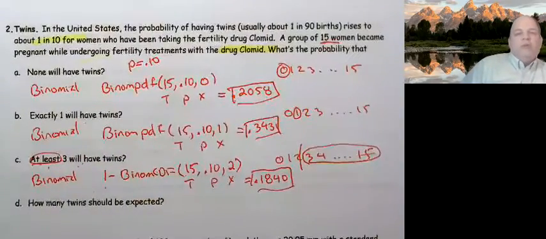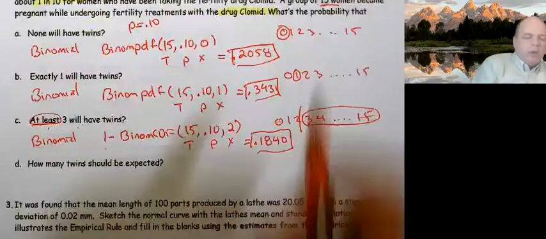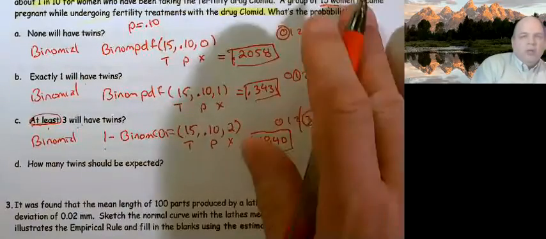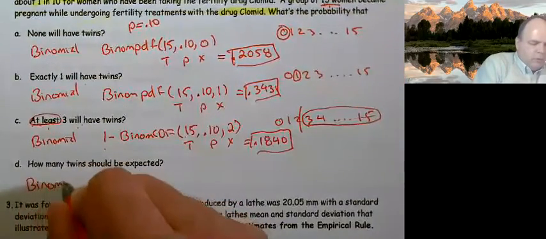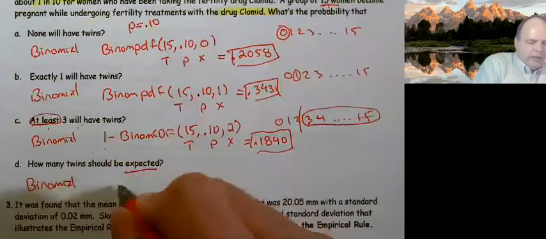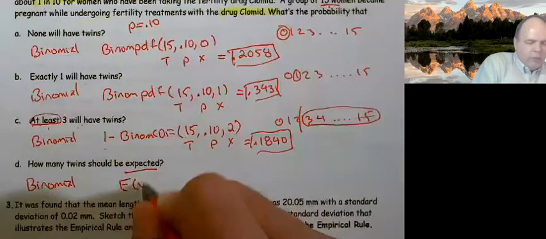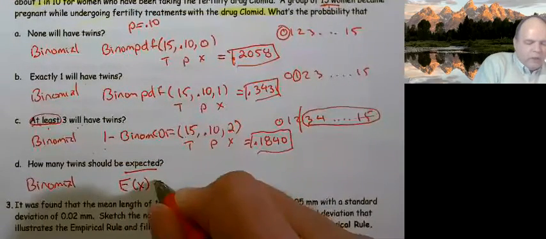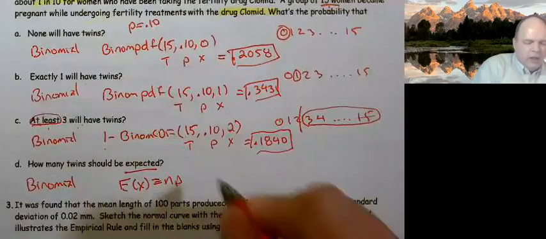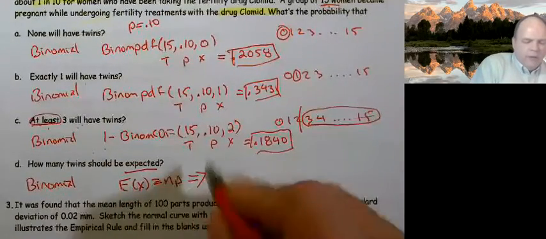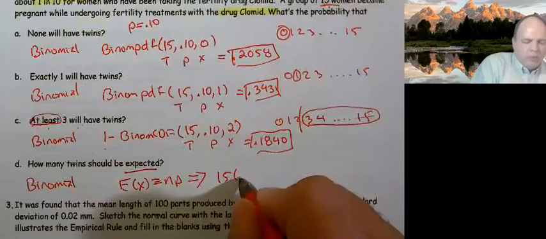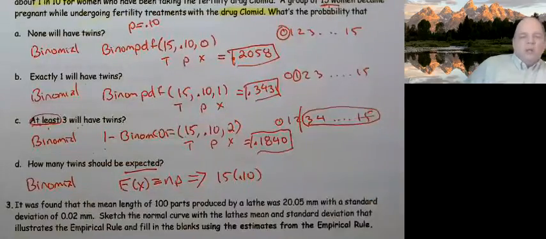How many twins should be expected? Well, we know we're working with a binomial because we have a specific number of trials. But they're asking for the expected, so we need the expected value formula for the binomial, which is expected value equals NP, which in this case means 15 times 0.10.